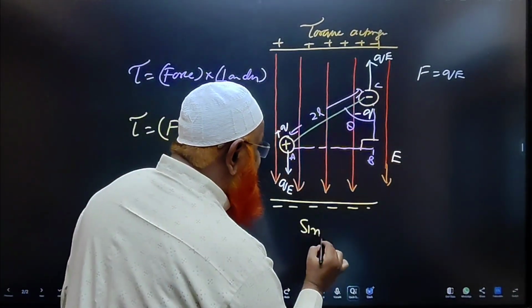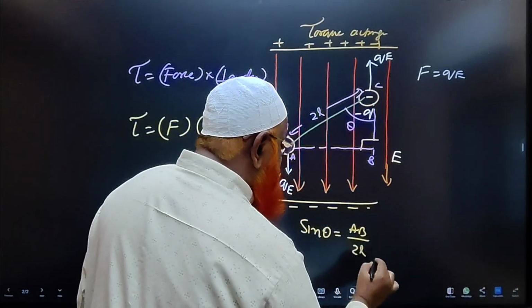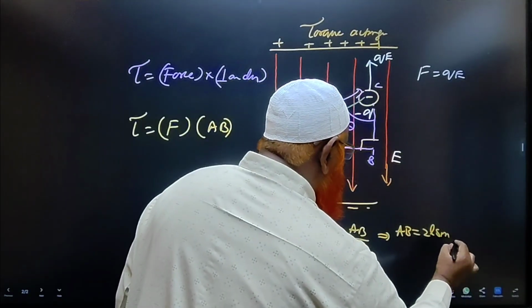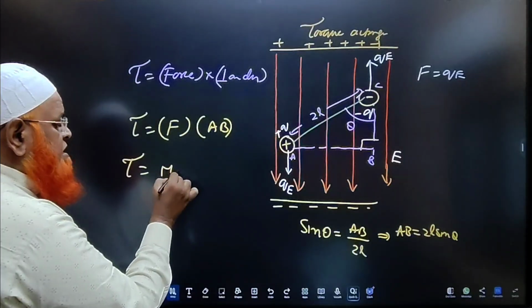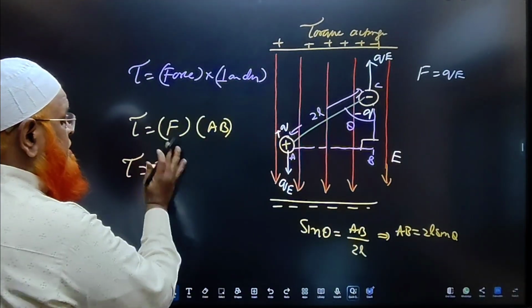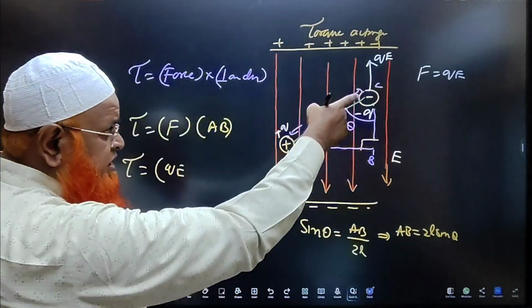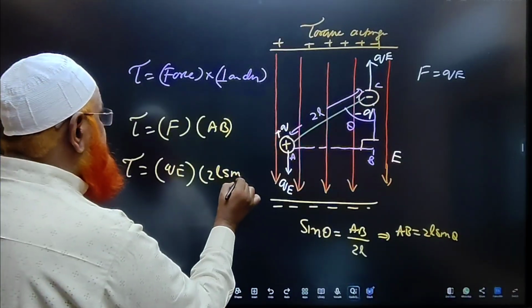Now you can write sin theta is equal to AB, the opposite side, by the hypotenuse, which is taken as 2L. This implies that AB is nothing but 2L sin theta. Therefore, torque is nothing but qE into 2L sin theta.